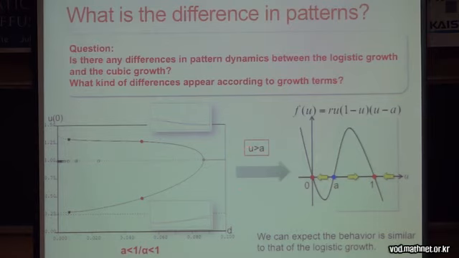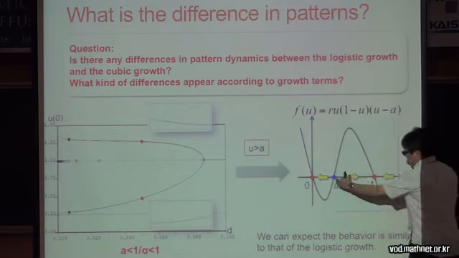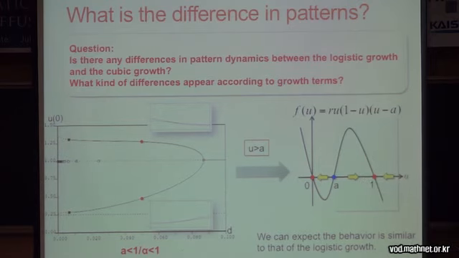So this means that when we consider the growth term, U greater than A means that, in order to make this pattern, U is used only in this region. So A is unstable and 1 is stable.